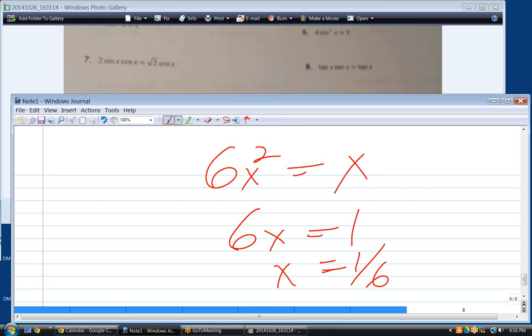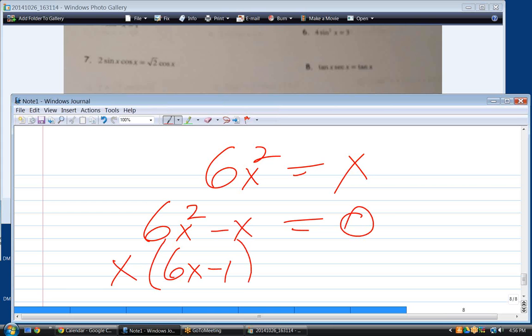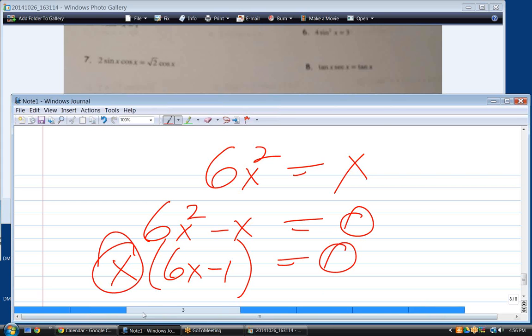It disappears on you. So the way to solve this is to subtract x from both sides to get this, factor an x out to get this, and now you have both solutions, because x can be 0 or 6x minus 1 can be 0.